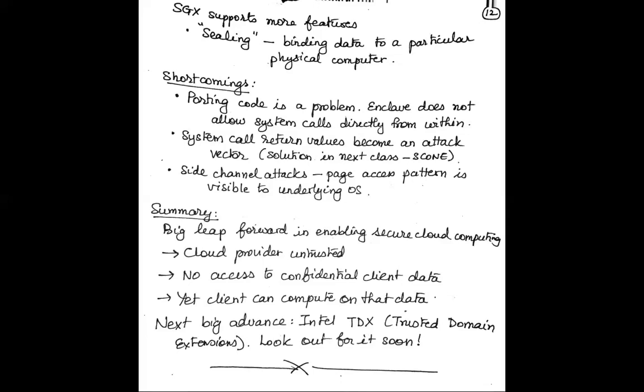There's a very similar technology available from AMD that's already publicly available. It's called AMD SEV, or Secure Encrypted Virtualization. And TDX, at least based on my understanding, appears to be very similar in terms of functionality to AMD SEV. And TDX is due to be released in a future generation of processor.